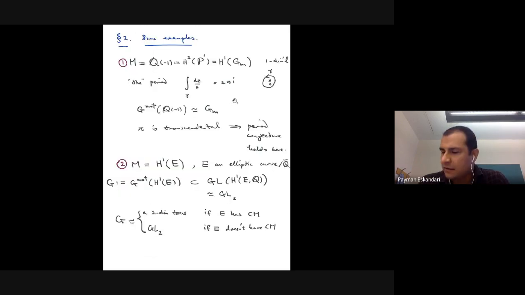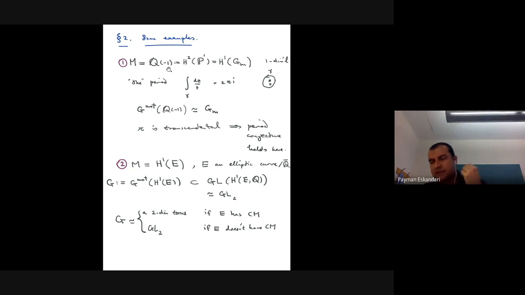Okay, so now let me give some examples. Let's start with H1 of G_m, the multiplicative group. If you think about the associated complex manifold, G_m is C star, C minus the origin. You're looking at H1 of that, which is the same as H2 of the projective line. This motive is denoted by Q(-1).